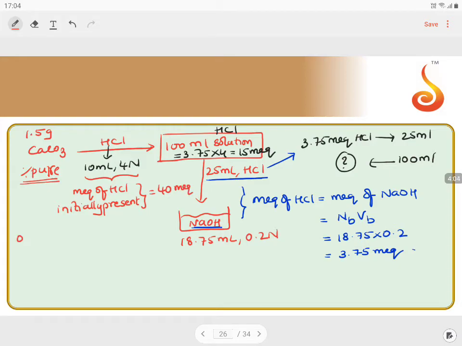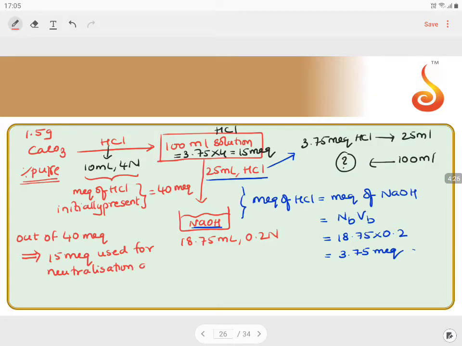Now out of 40 milliequivalents, 15 milliequivalents are used for neutralization of NaOH.